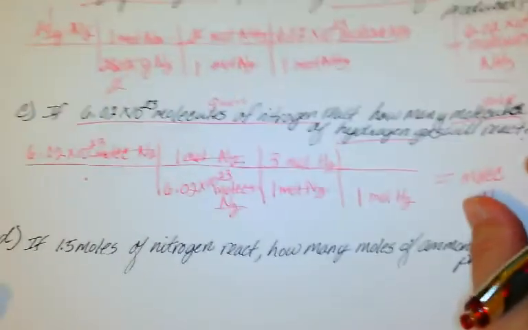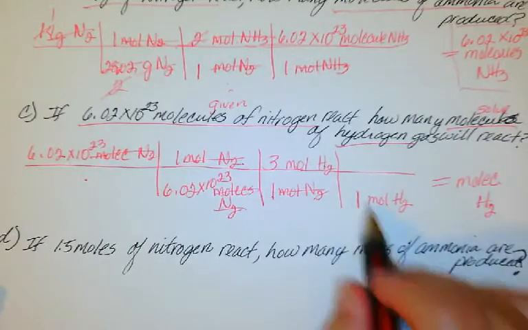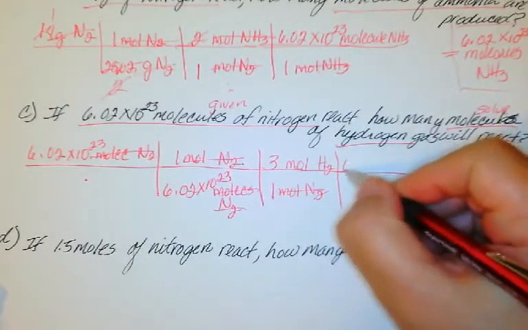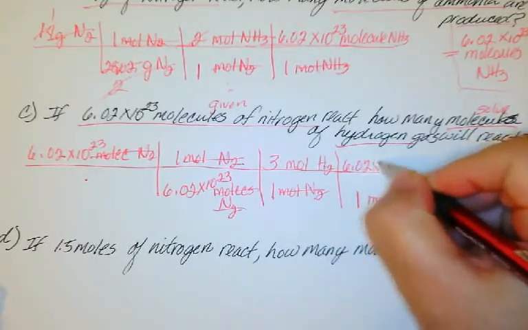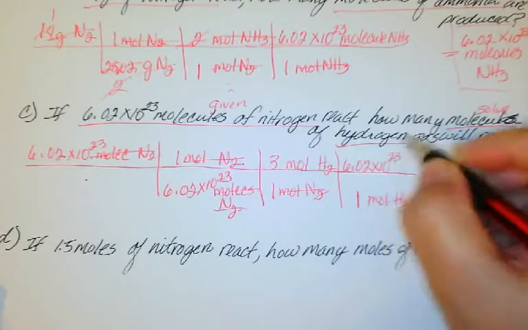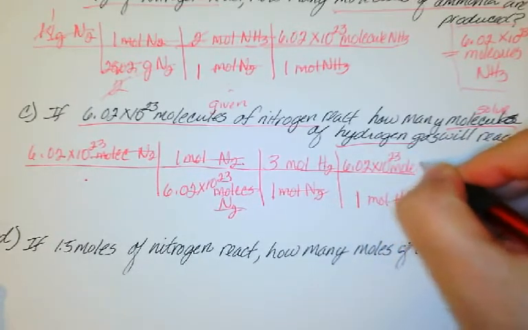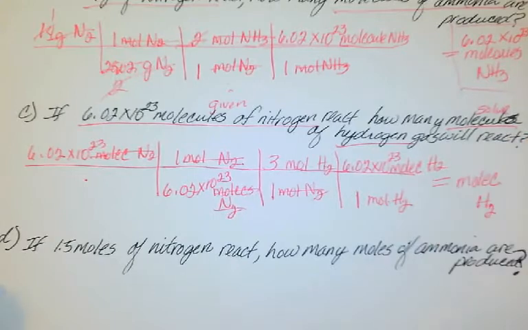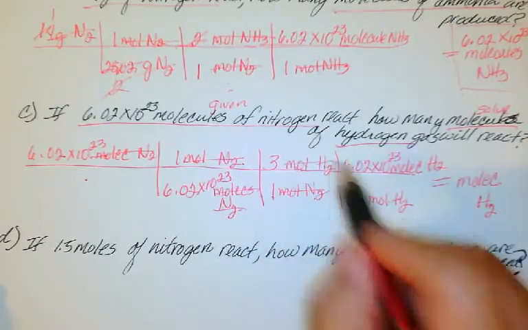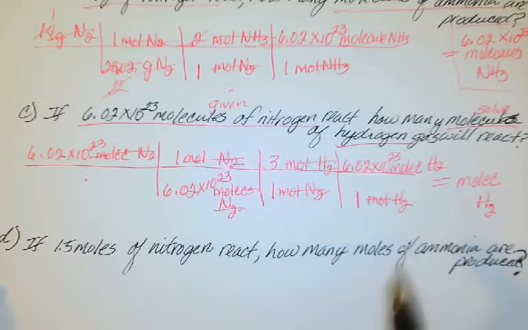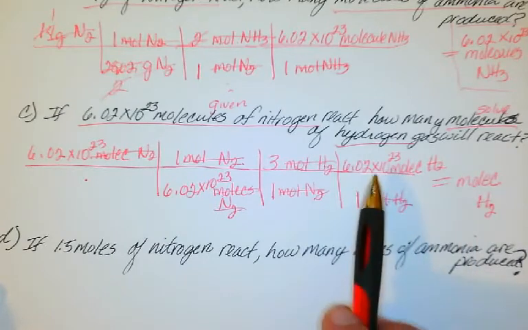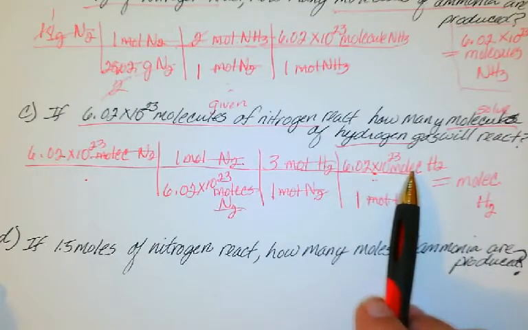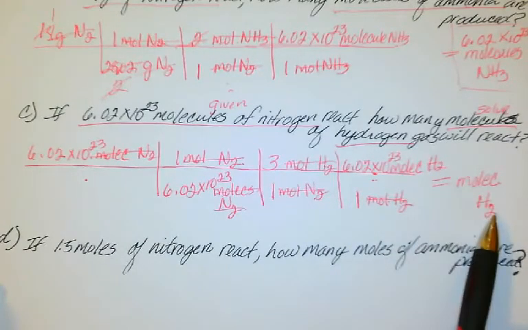So it's got Avogadro's number with the word molecules, and that's for 1 mole. So if I go back down to problem C, 1 mole of H2 has Avogadro's number, 6.02 times 10 to the 23rd molecules of H2. Okay, cross cancel my moles of H2, and I look to see this has molecules of H2, and I'm trying to solve for molecules of H2.